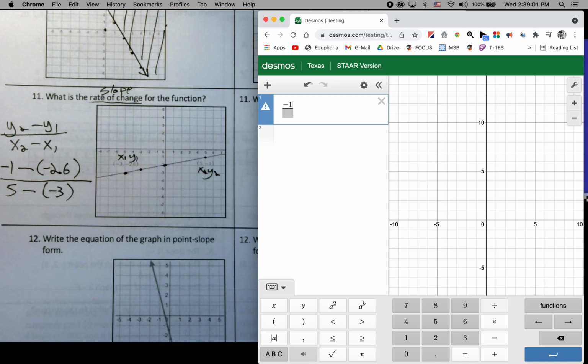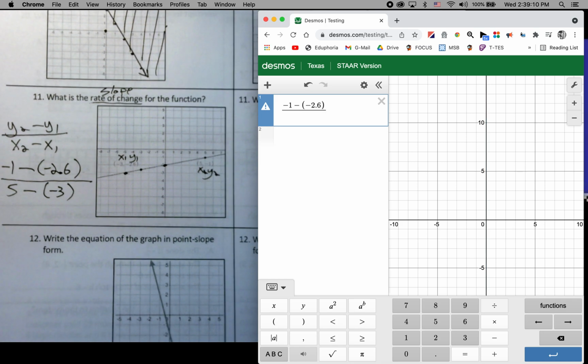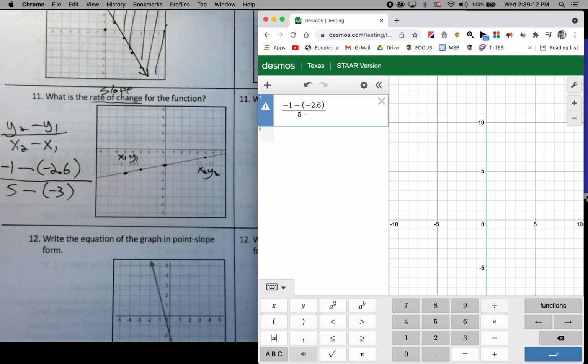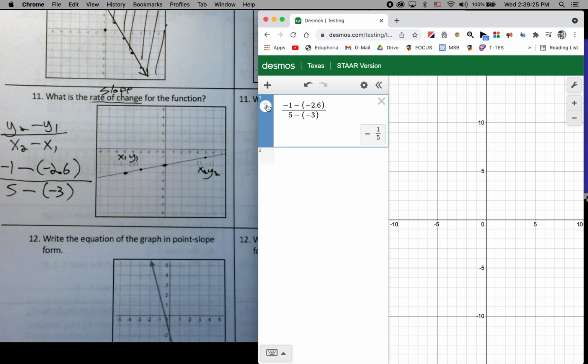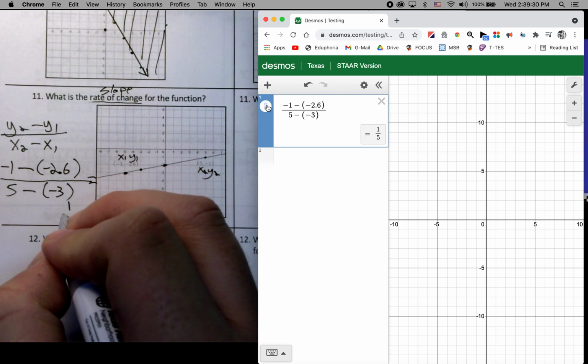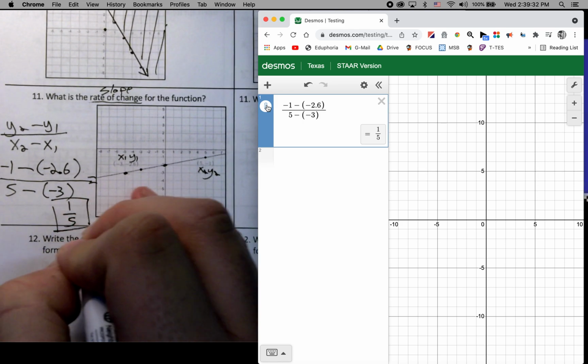And I type negative 1 minus parenthesis, negative 2.6, close parenthesis, all over 5 minus parenthesis, negative 3, close parenthesis. It's 0.2. Now, on your test, if I was taking a test, I can almost guarantee you it wouldn't be as a decimal. They'd give it to you as a fraction. So, 1/5. So that equals 1/5. There you go.